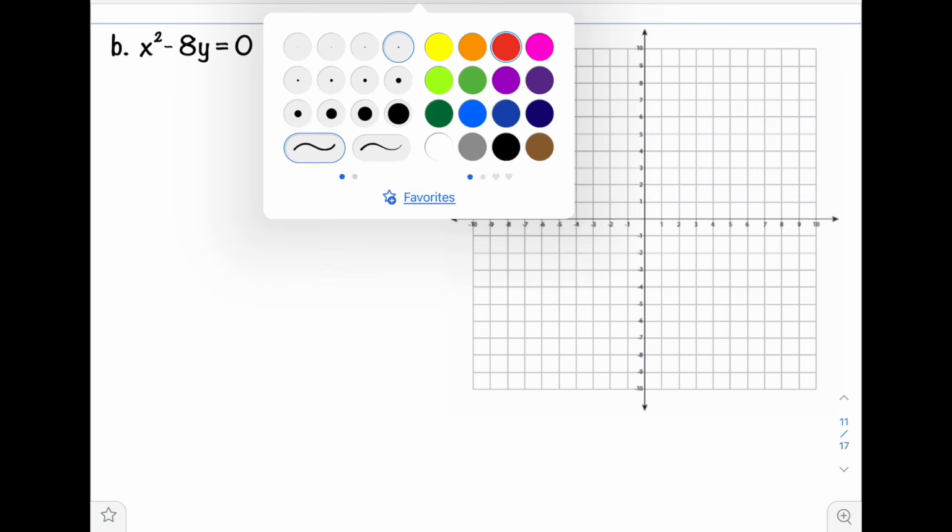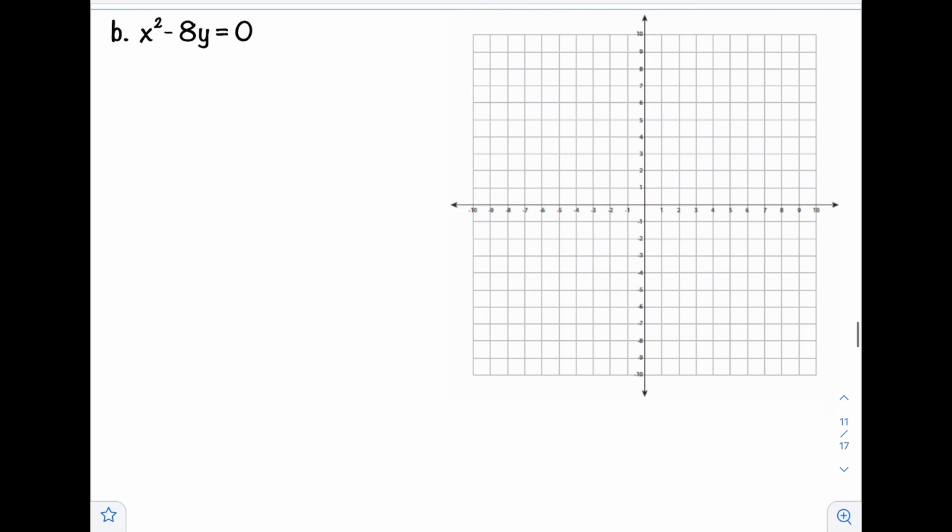So next, let's have example number 2. So B, we have x squared minus 8y equals 0. So una, i-rewrite muna natin yung ating equation to standard form. So that is x squared equals positive 8y.